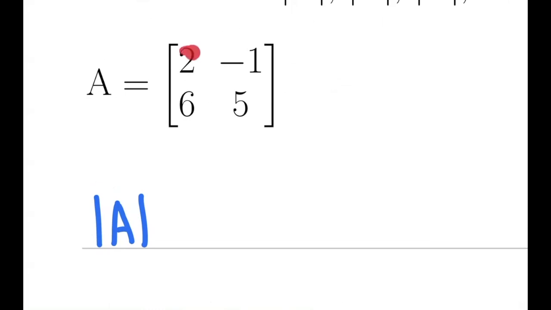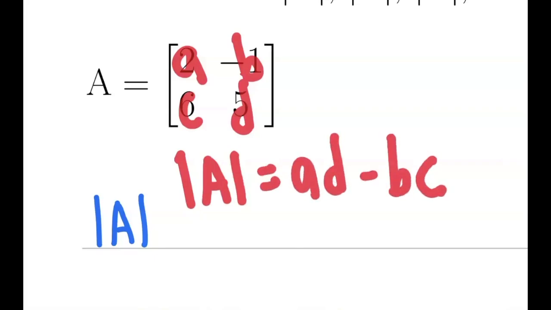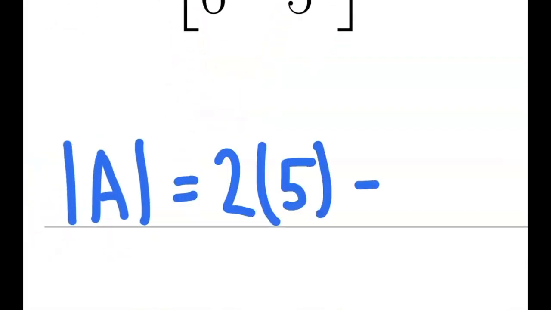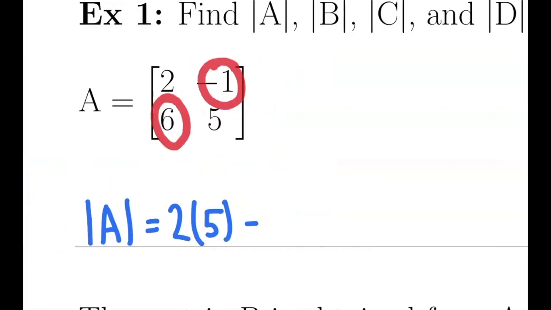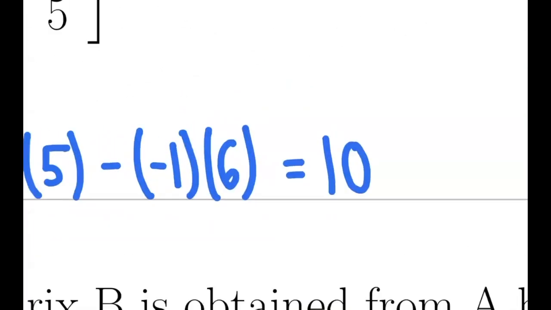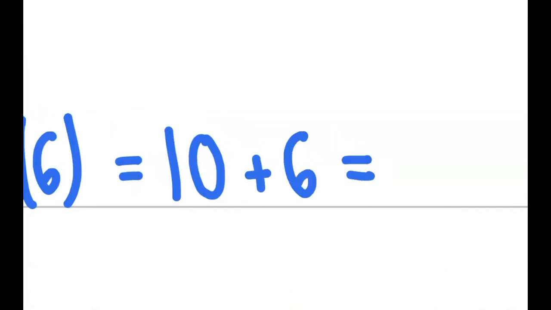Yeah, so this is A, B, C, D. The determinant of A is going to be AD minus BC. So we're going to do 2 times 5 minus -1 times 6. 2 times 5 is 10. And we have minus -6 right here. So that's plus 6. And 10 plus 6 is what, guys?